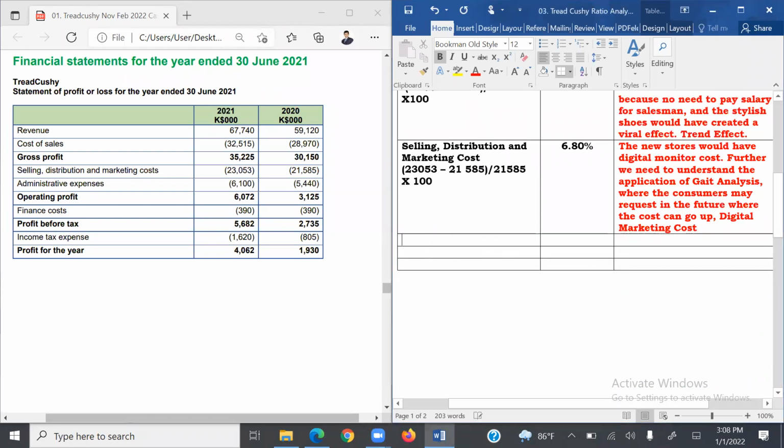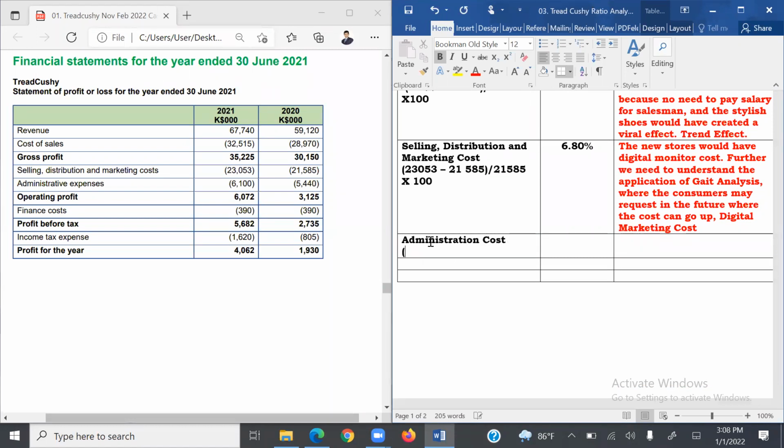So coming to the next one, students, let's work on the administration cost. If you see the administration cost, it is 6,100 minus 5,440 divided by 5,440 into 100. So shall we do that?